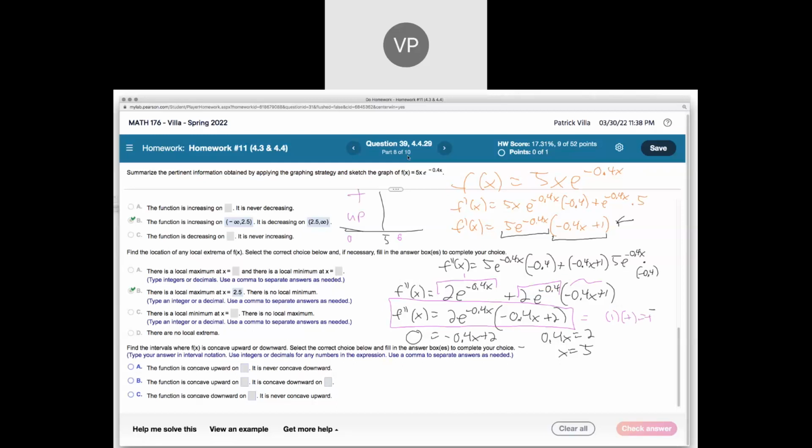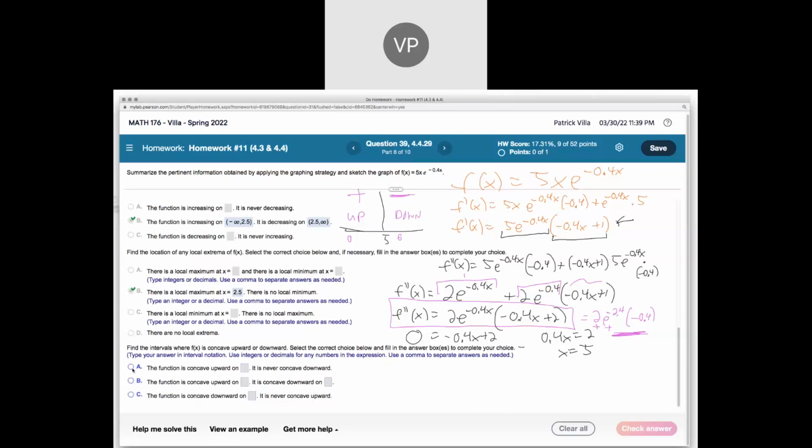Okay, now I plug in the 6, and again, just looking at the signs that you get. We get a 2, we get an e to the negative 2.4. Even though it's a negative power, that's positive, but what do we get on the inside? We get a negative 2.4 plus 2, so that turns negative. That whole thing becomes negative, so this is going to be concave down.